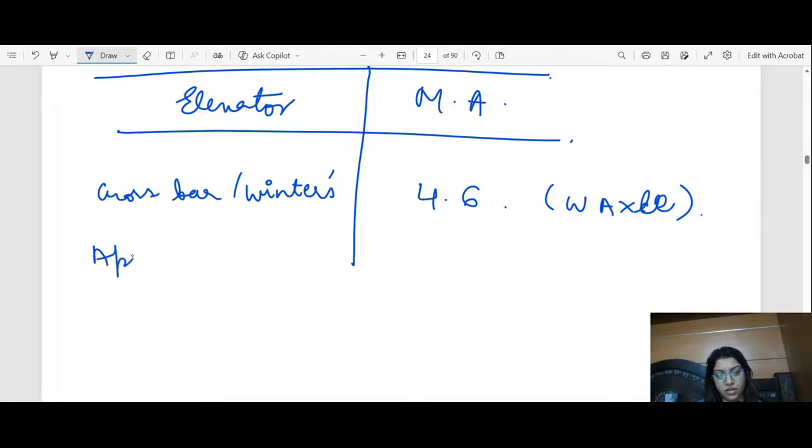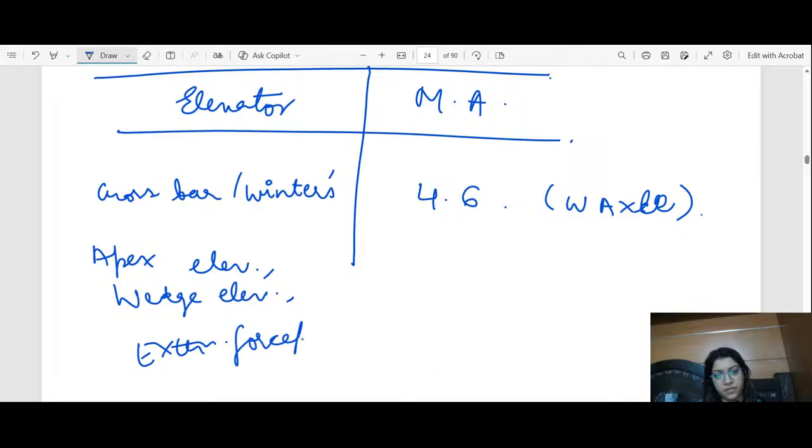Next, the apex elevator, wedge elevator, extraction forceps. For all of these, the mechanical advantage obtained is 2.5.